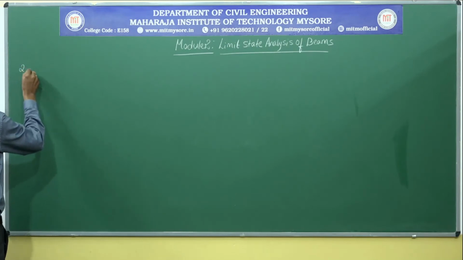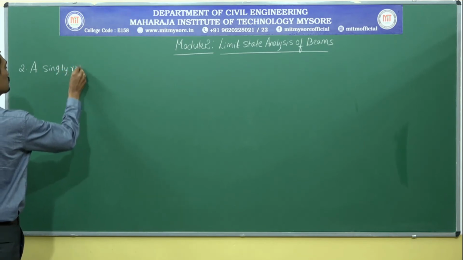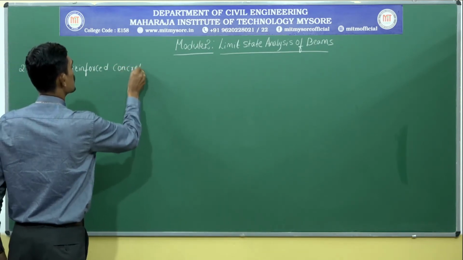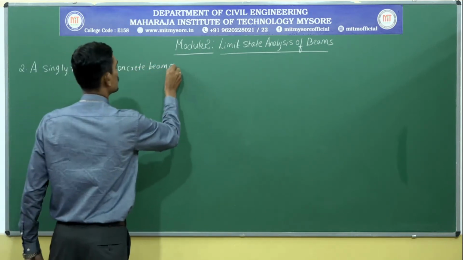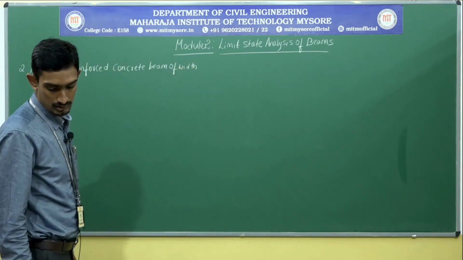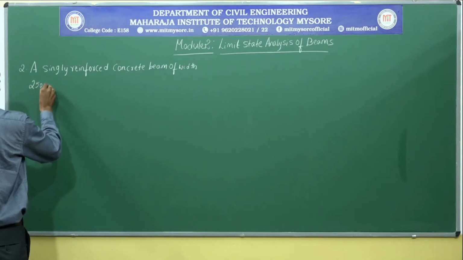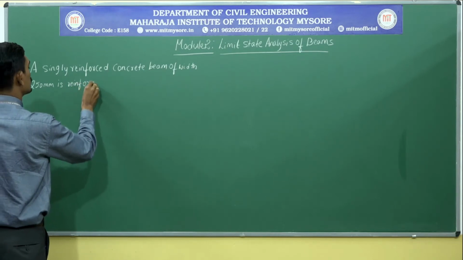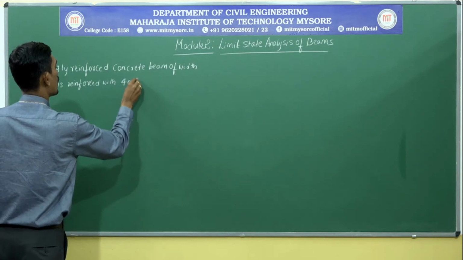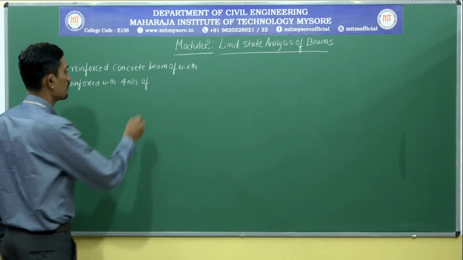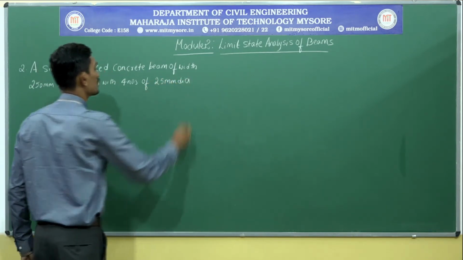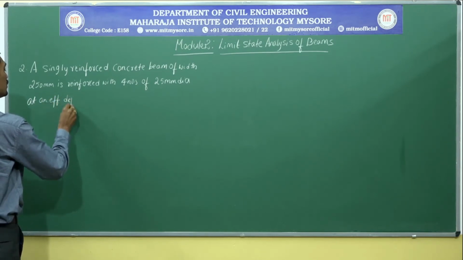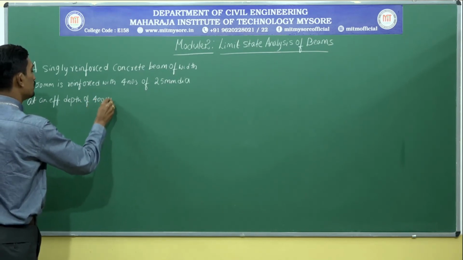A singly reinforced concrete beam of width 250 mm is reinforced with 4 numbers of 25 mm dia at an effective depth of 400 millimeter.